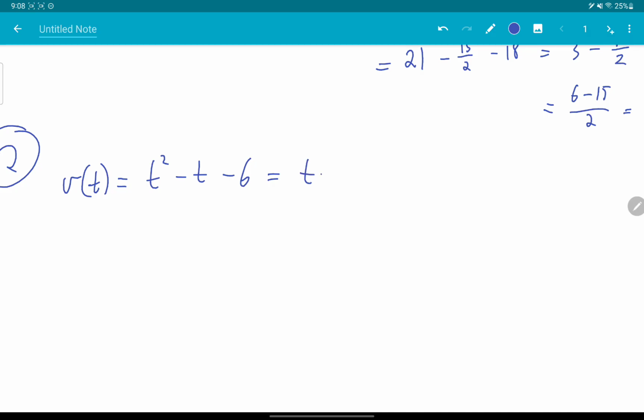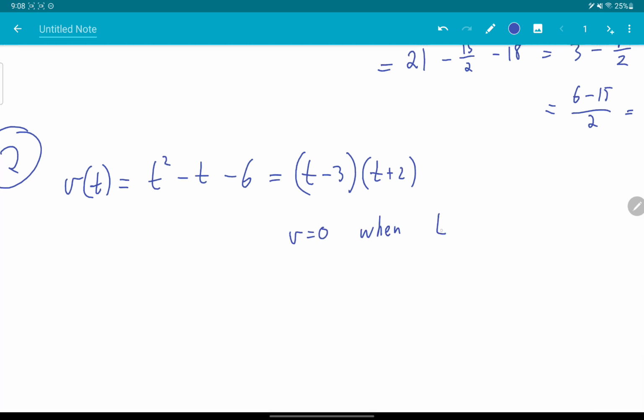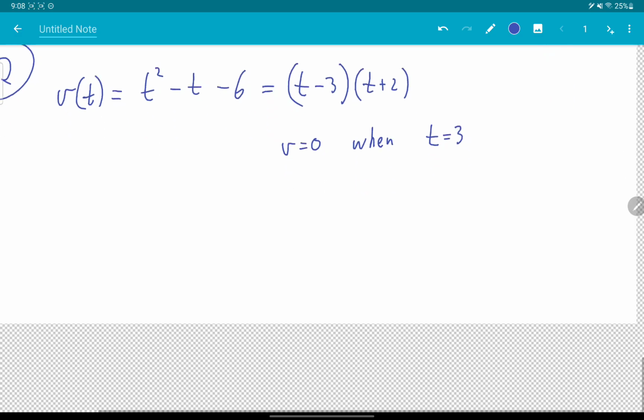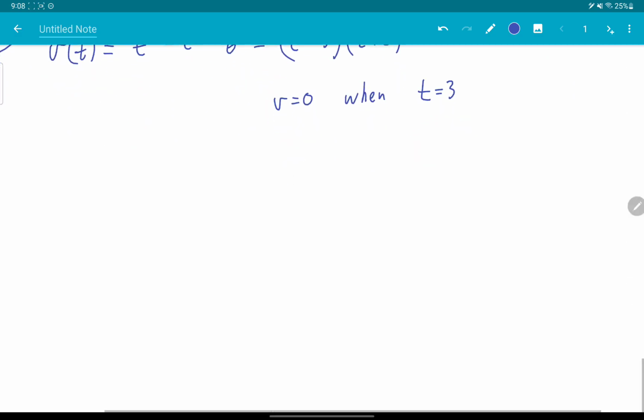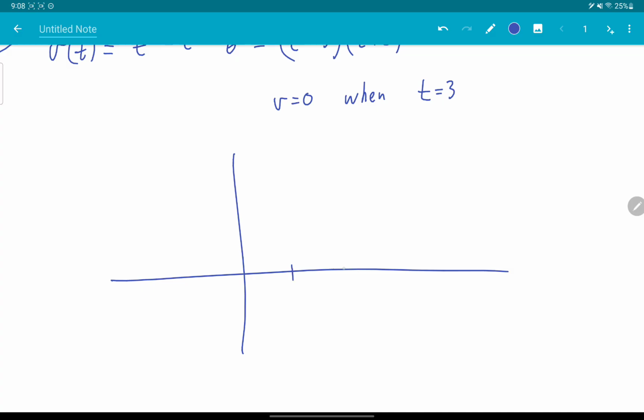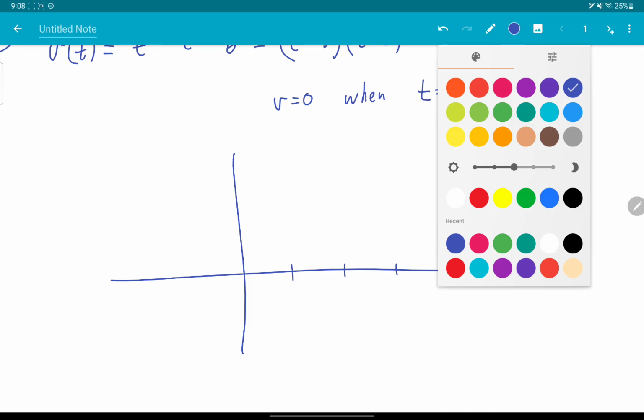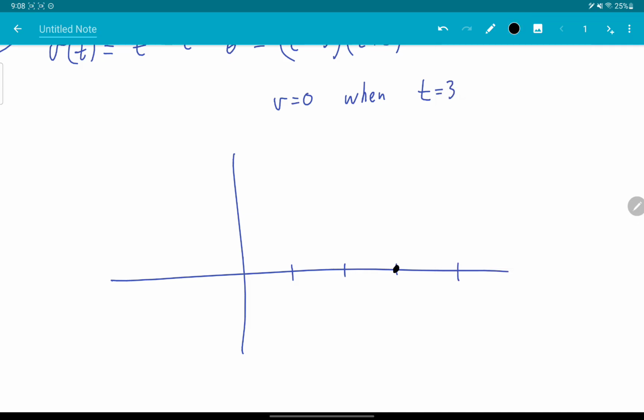So I factor this. I get t minus 3, t plus 2. So v is 0 when t equals 3. So if I drew the picture here, 1, 2, 3, 4, my velocity function goes through here.